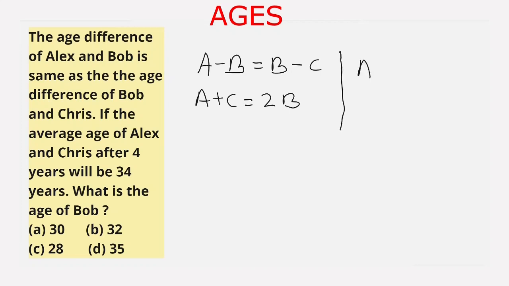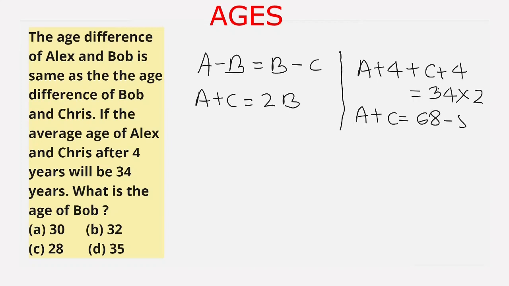Now A plus 4 is 4 years after the present age of Alex, plus C plus 4 is 4 years after the present age of Krish, which is 34 multiplied by 2, because the average age of these two is 34. This gives A plus C equal to 68 minus 8, so A plus C is 60.